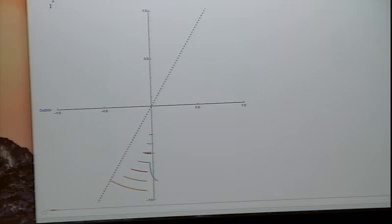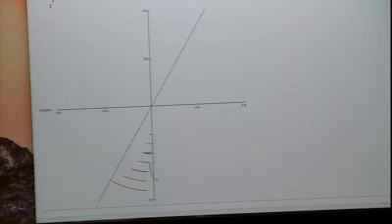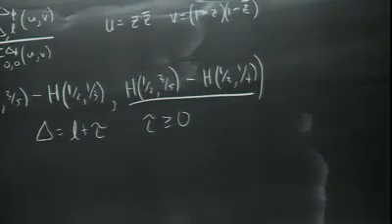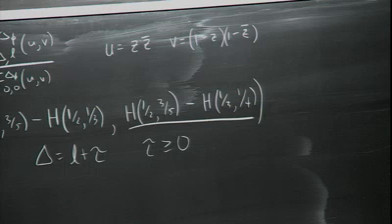Now I claim, if we look at the second component, if we look at minus this, then it's positive block by block. But that means it's not possible to solve that equation with positive coefficients.